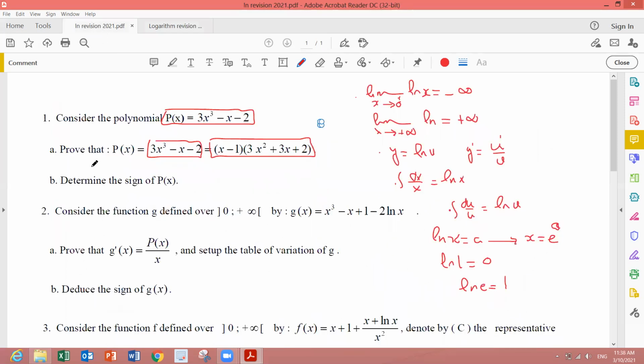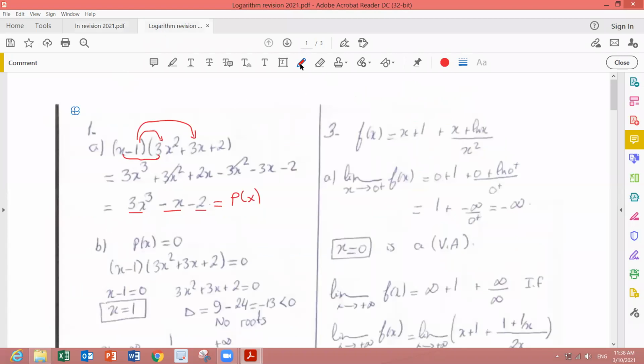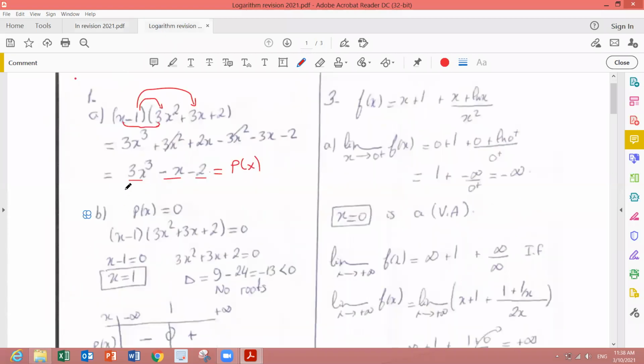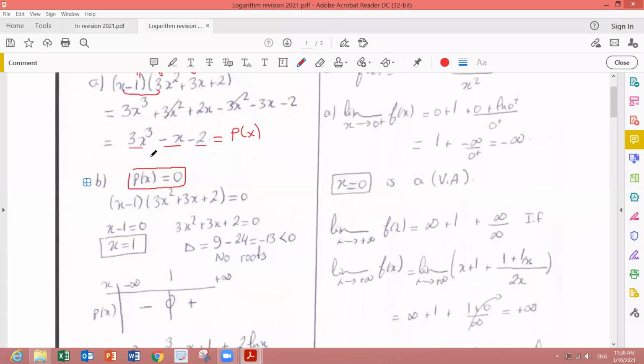Part B, determine the sign of P(x). What's meant by determine the sign of P(x)? How to know the sign of P(x)? To study the sign of P(x), we solve P(x) equal to 0.